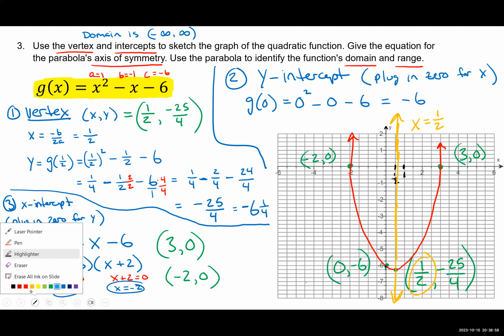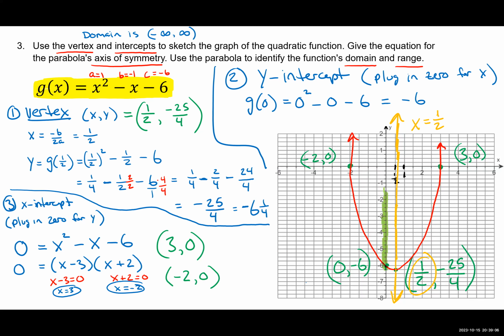Let me go green. Okay, the range is all these y values that appear in points on the function. It's always going to start or end with the vertex. That's why I say you've already done all the work involved. Now we just have to state the answer.